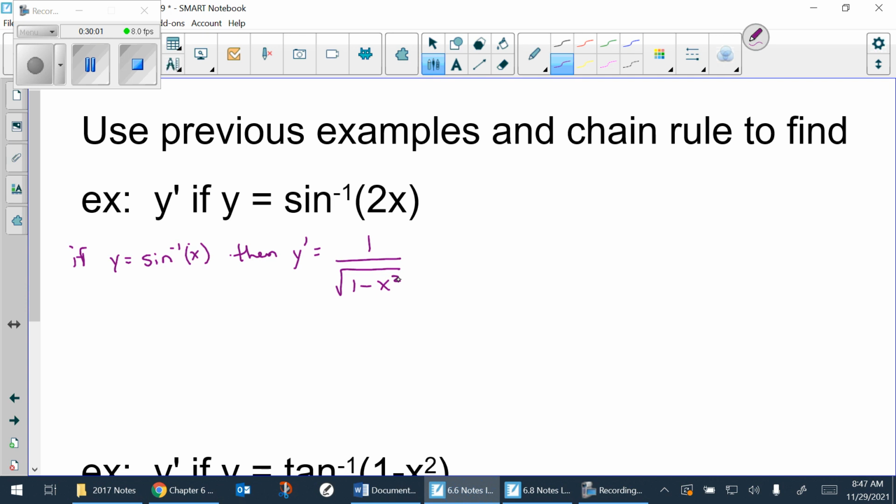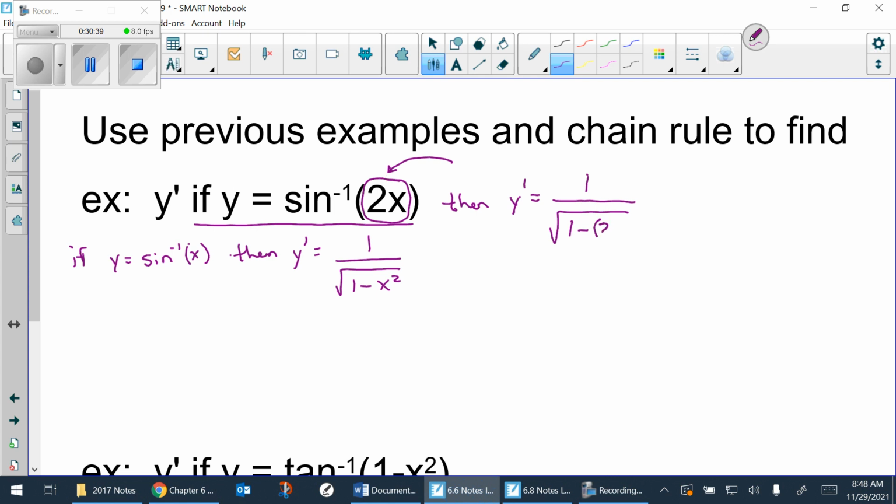But now in the parentheses, instead of a plain old x, we've got a 2x. So if y equals the sine inverse of 2x, then y prime equals 1 over the square root of 1 minus, well, it's going to have to be this thing right here squared.